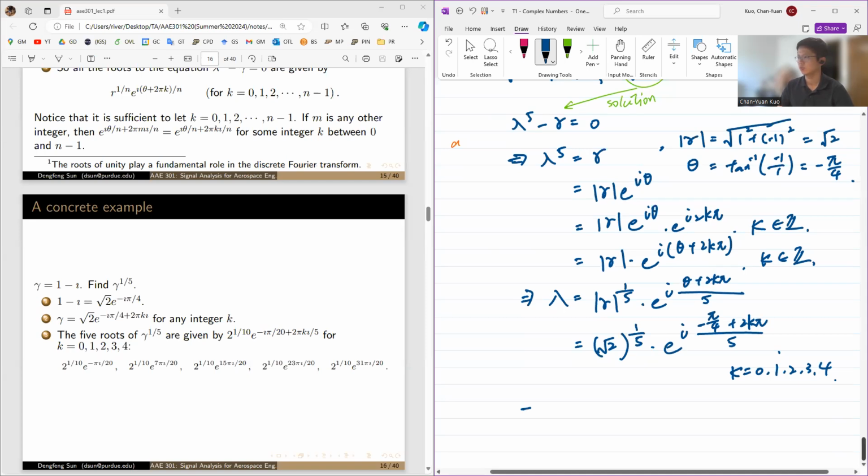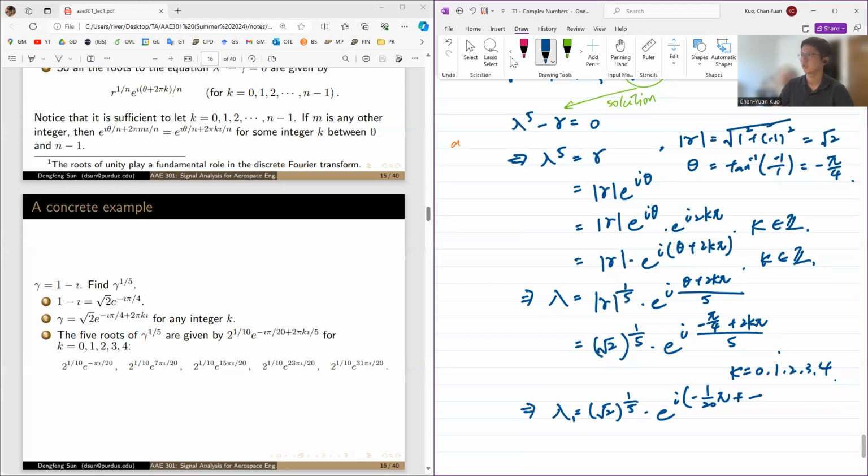So we have all the roots now, and lambda 1 equals square root of 2 to the 1 over 5 times e to the i negative pi over 20.